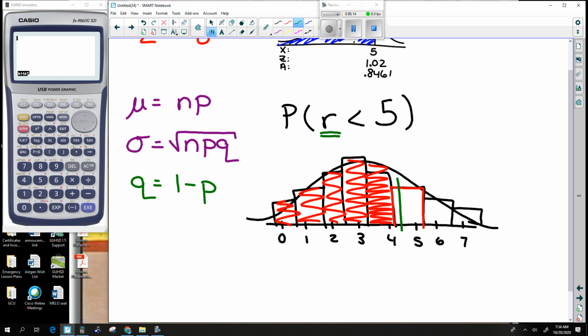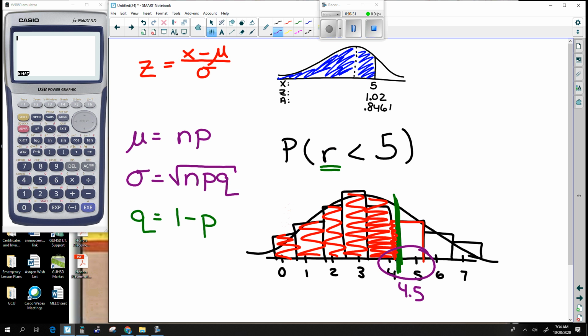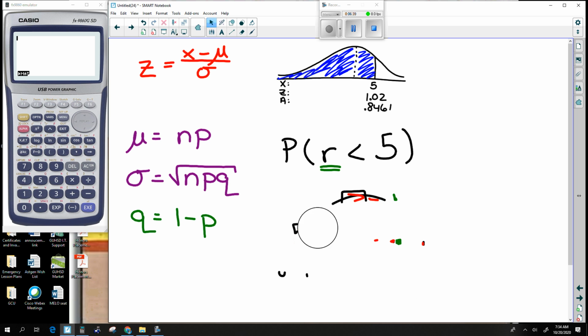So technically the edge of the shading and the unshading occurs right there, which is between the 4 and the 5, which is 4.5. And that is the x that you use when you find your z-score, et cetera.